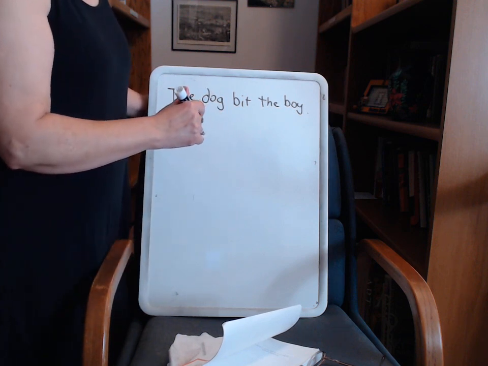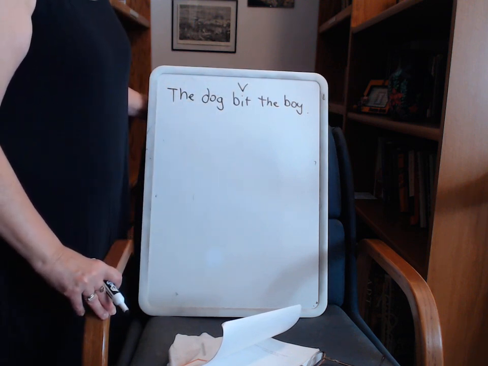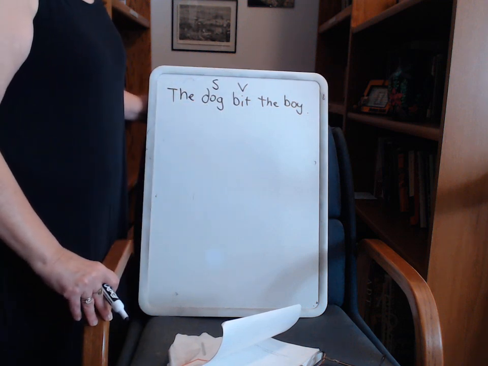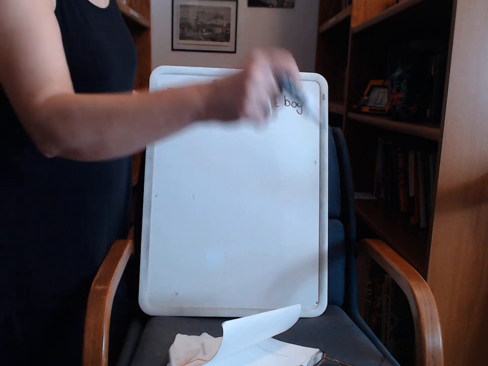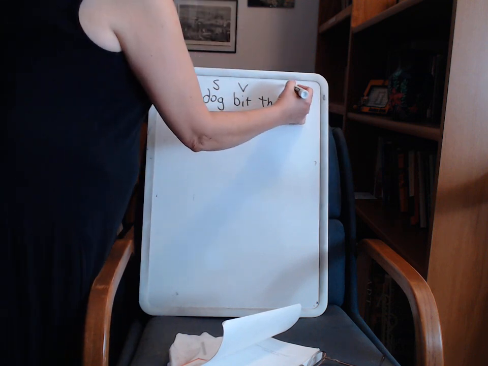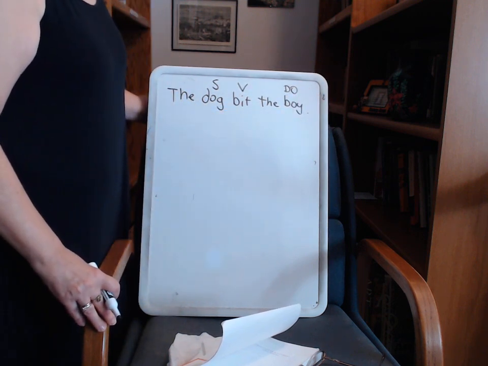What is being said? What is happening? Bit. Who is doing the biting? The dog. That's our subject. The dog bit who? Who's it happening to? The boy. That's our direct object.